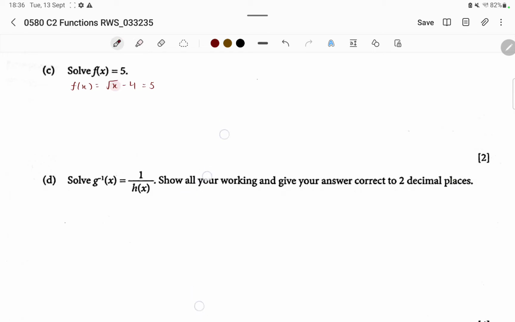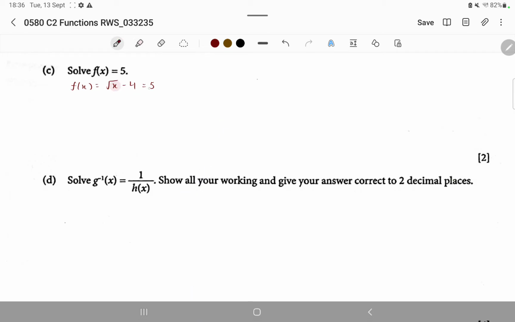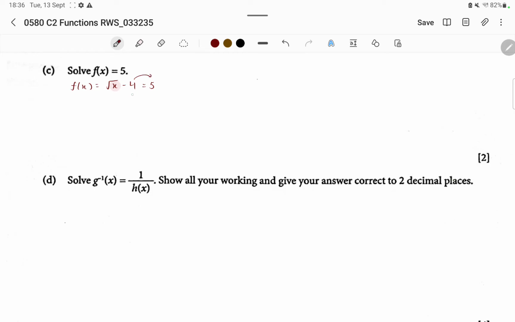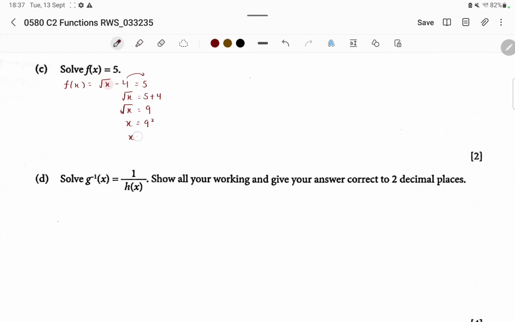Move negative 4 to the other side first, becomes positive. So square root of x equals 5 plus 4, you get 9. To remove the square root, we have to square both sides. So x equals 9 squared. x equals 81 should be your final answer.